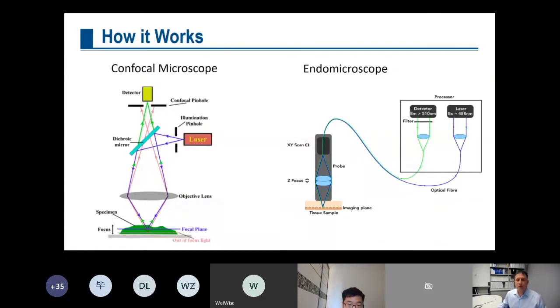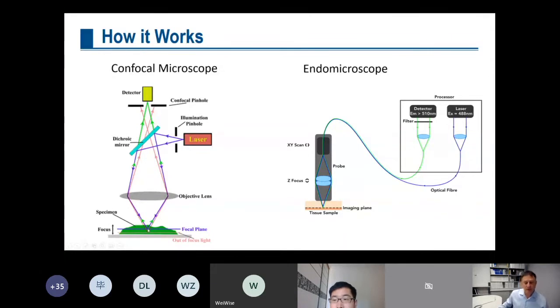So how does a confocal microscope work? Traditional confocal microscopes have an illumination source, usually a laser, that sits in front of an illumination pinhole. Light that goes through that pinhole is then focused through optics into a sample where it excites a fluorescent return.